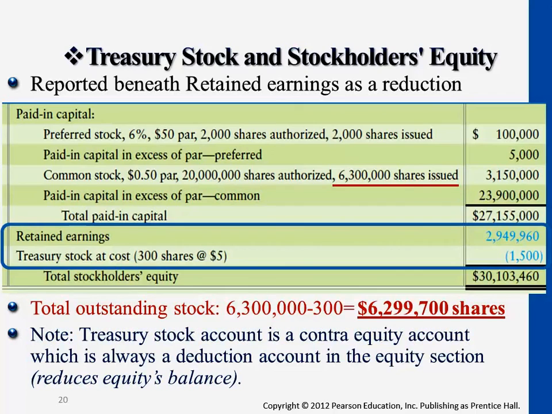Okay, so if company do purchase 300 back as treasury stock, the issued number would not be affected there because outsiders still need to know what is the record of the total issuance before. The record of total issuance before is 6,300,000, but right now what's really there in the market is after subtracting the 300 shares.